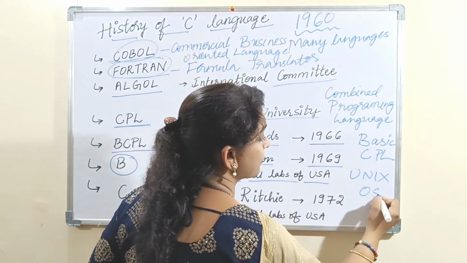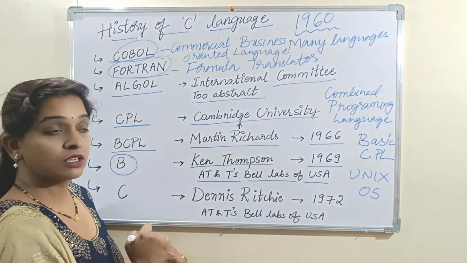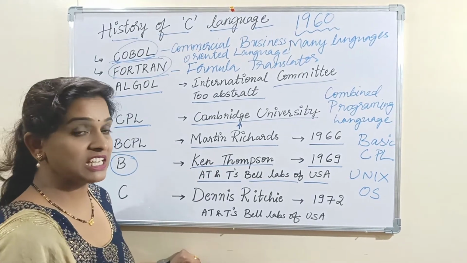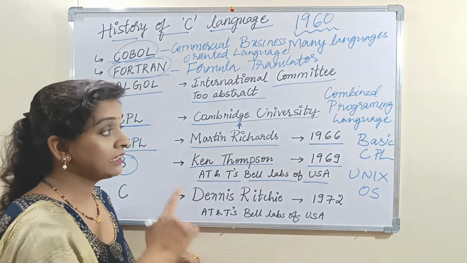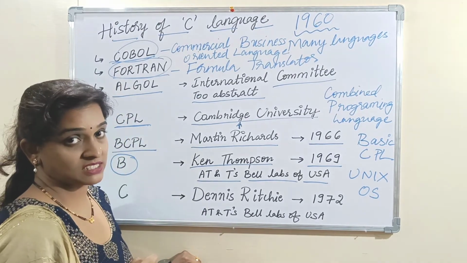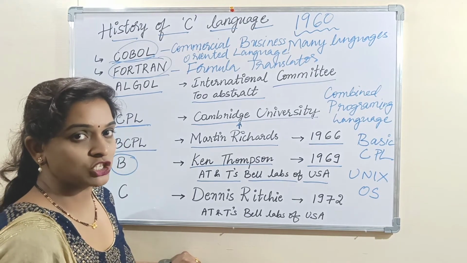So the Unix operating system was initially started with B language by Ken Thompson. In the year 1969, this language came into existence. But there were some problems with this language.